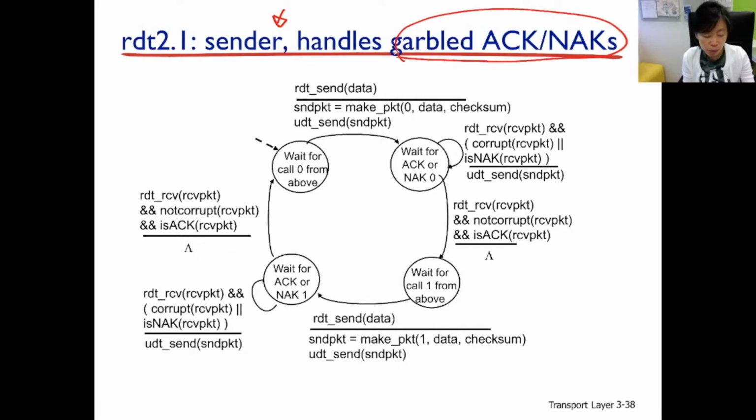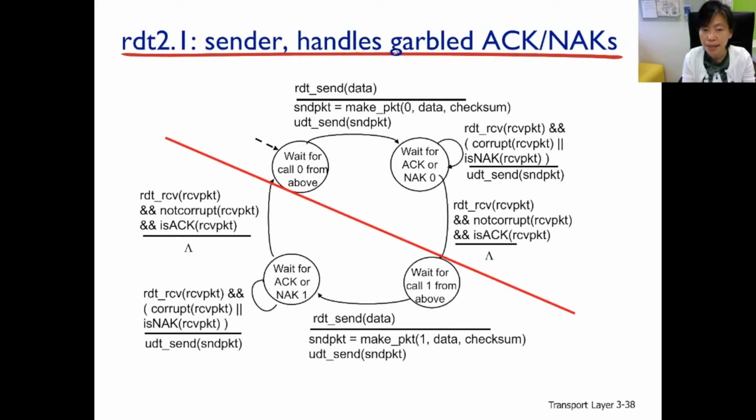Now, the easiest way to look at the finite state machine here is by drawing a line separating the two mirror parts. So if you look at the upper part of it, this looks like the wait for call from above state in the RDT 2.0 sender, isn't it? And wait for ACK NAK looks like the waiting for feedback state in the RDT 2.0 sender.